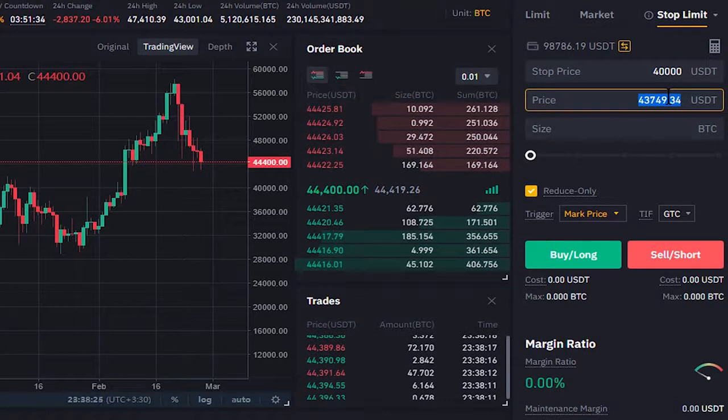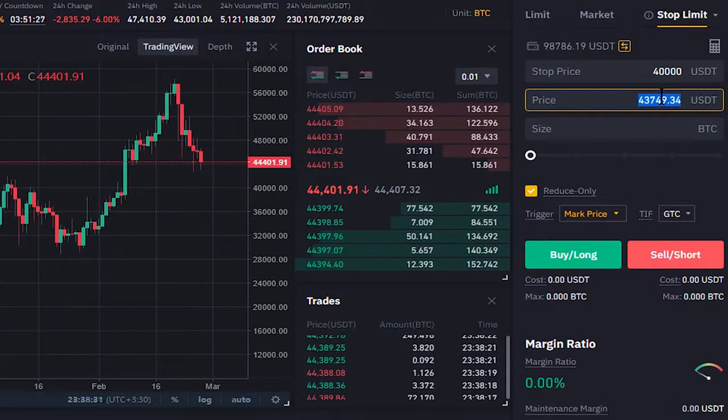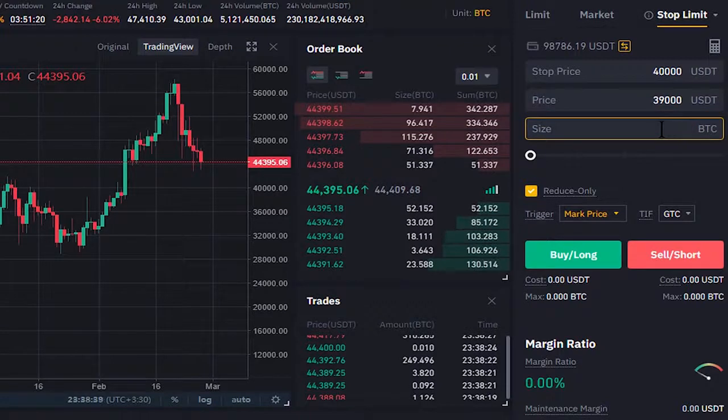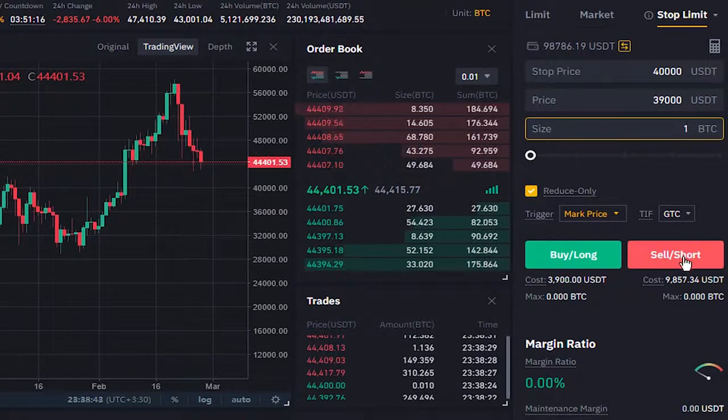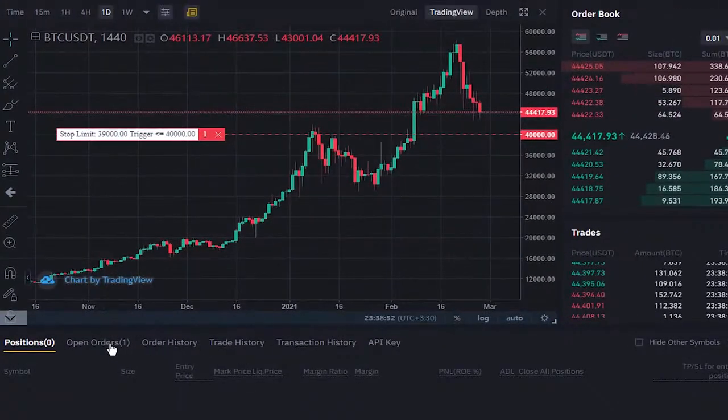Why? Because in cases when the market is sharply falling, we can be sure our entire order gets filled. We set the limit price to 39,000, for example, and we set the size 1 Bitcoin, and we click on sell short. Order submitted, and here it is in open orders.